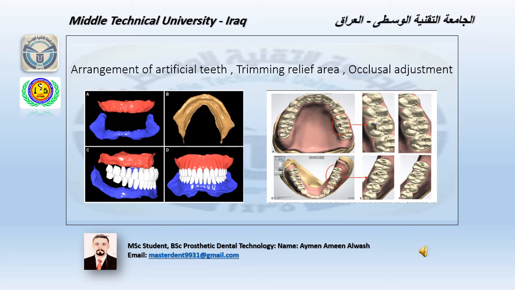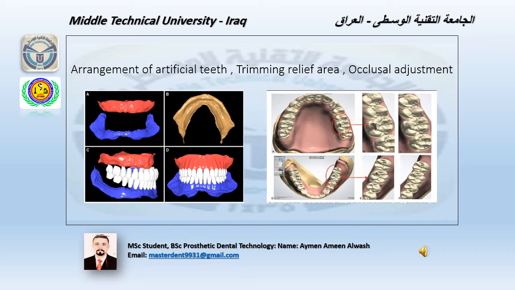After completing the scanning, now we are ready for arrangement of artificial teeth. The teeth can be moved in the sagittal, horizontal, and coronal planes during the modeling by using the 3Shape digital system.